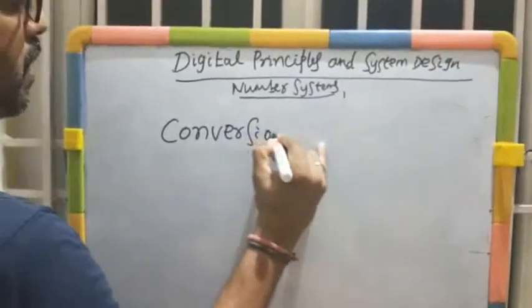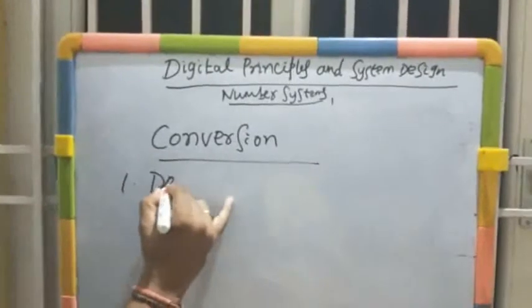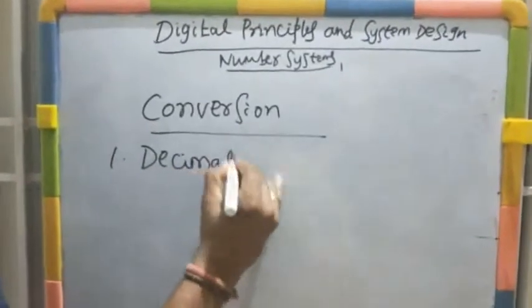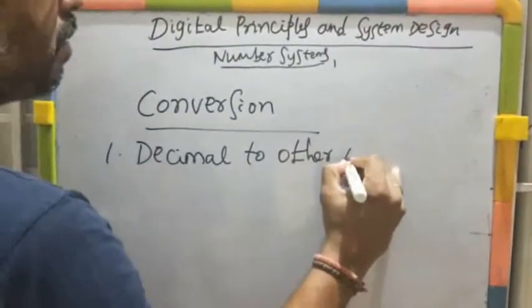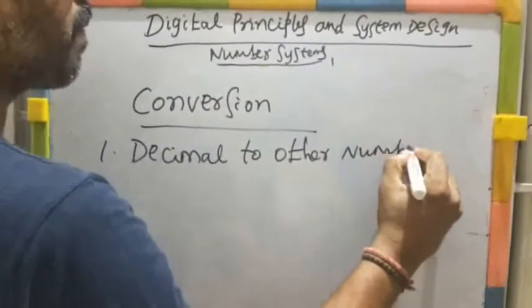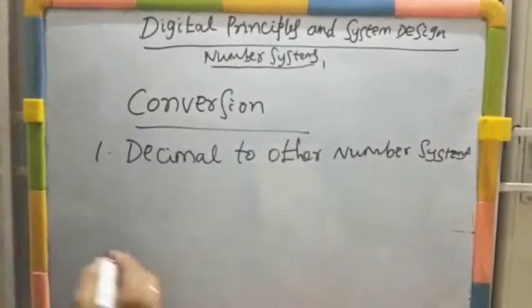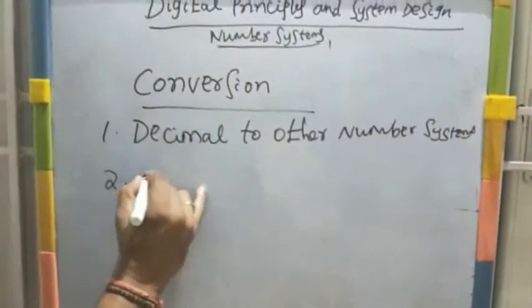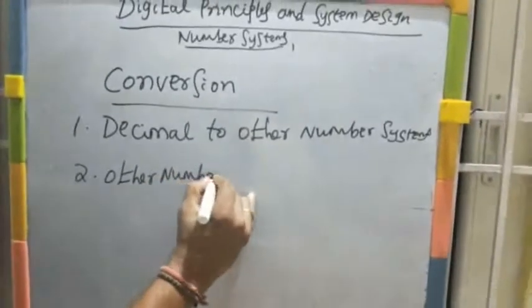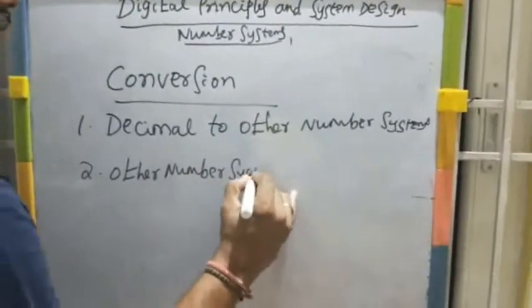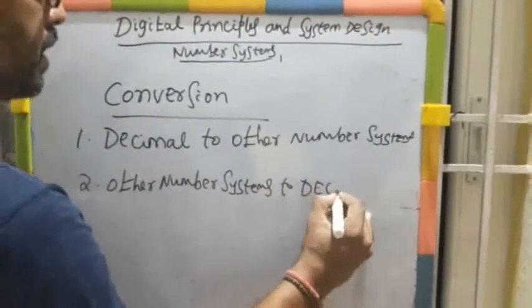Conversion can be categorized in four ways. One is decimal number system to other number systems. Second is other number systems to decimal.